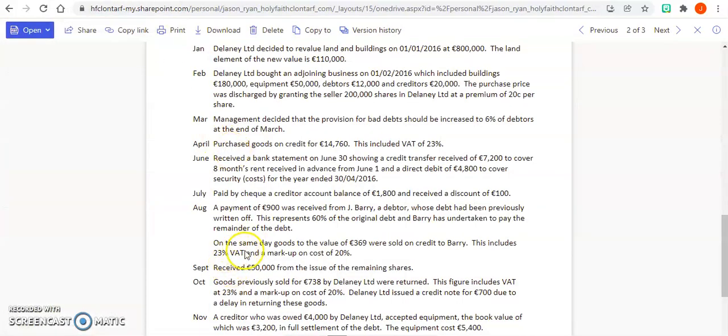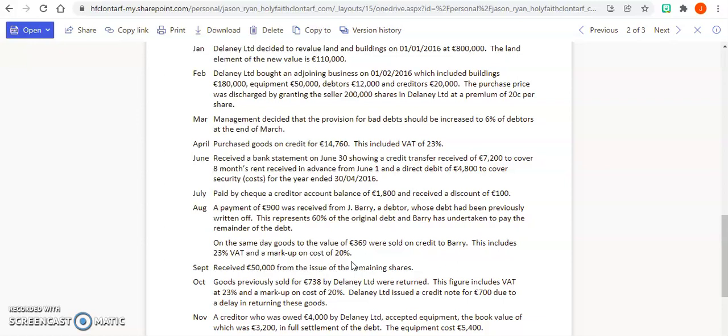And then the last part then, on the same day, goods sold to Barry. So 690, that's going to be your debtors, that's going to increase. You need to calculate what is the VAT on that, 690, so that's going to be, we calculate to be 69. Then your markup was 120% on cost, which was 300.